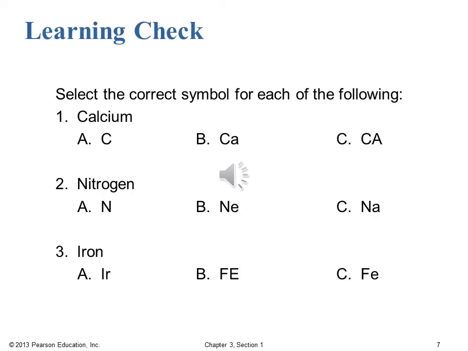And finally, for iron, is its symbol A, capital I, lowercase r, B, capital F, capital E, or C, capital F, lowercase e. So go ahead, take a moment, pause the video if you must, and we'll see how you did.